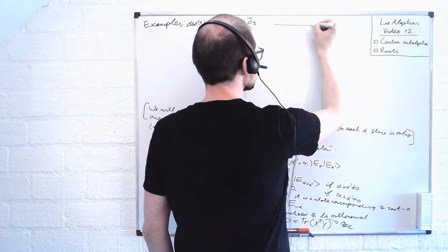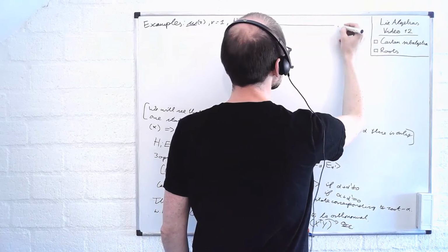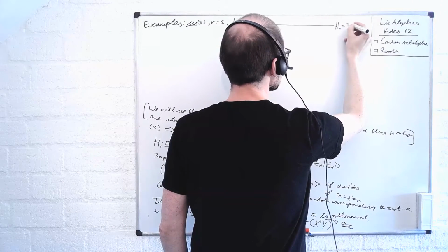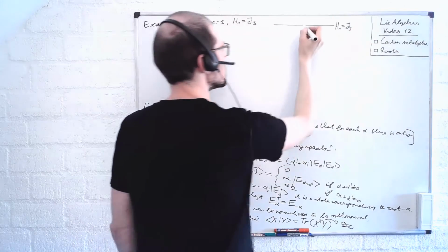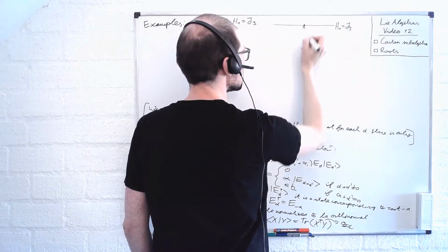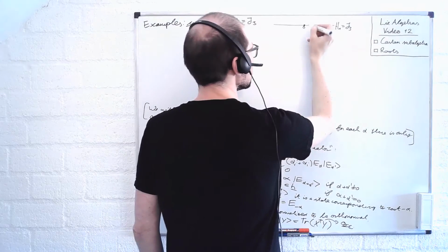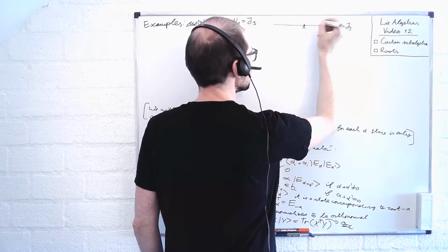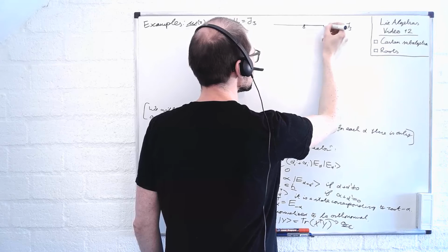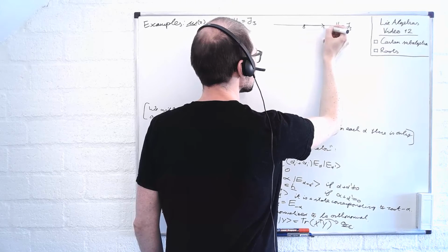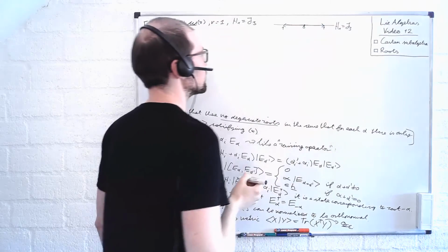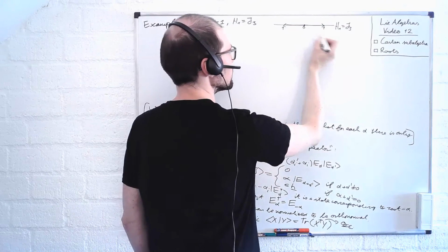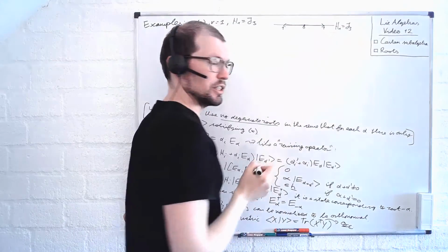Let me just draw them on the line. This is the line of h_1 equal to J3, or its diagonal values if you like. It has 3 eigenvectors in the adjoint representation. There is a 0 eigenvector, which is just J3 itself.